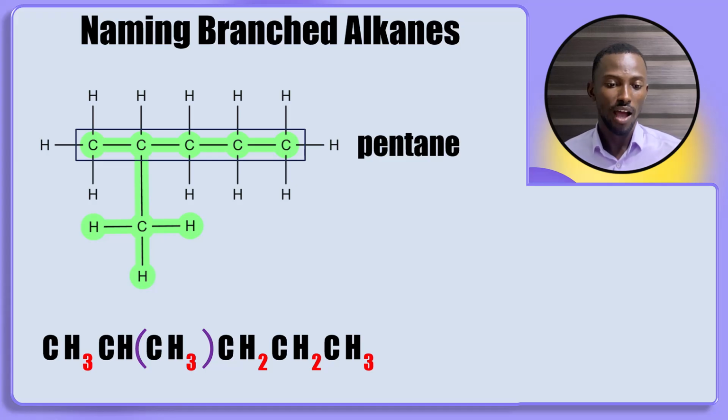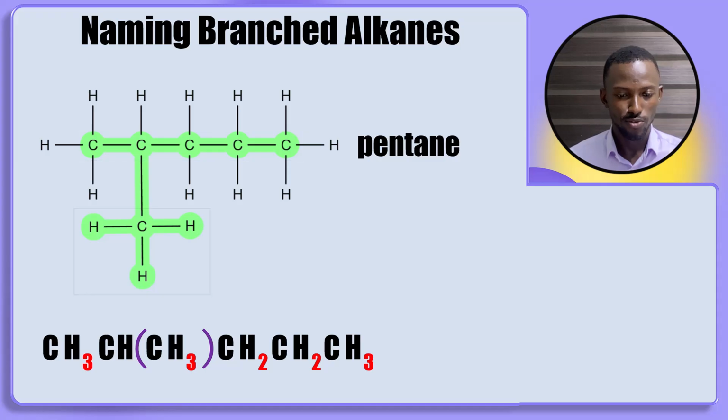You must have watched our first lesson on how to name straight chain alkanes to understand this. Any organic compound that has 5 carbons in its longest continuous chain will have the base name pentane. So you have pentane. Now we have what we call the side chain.